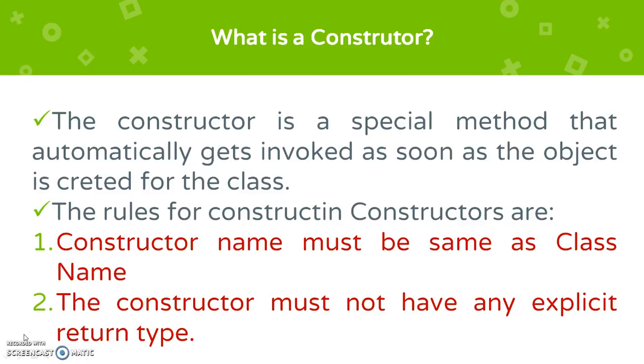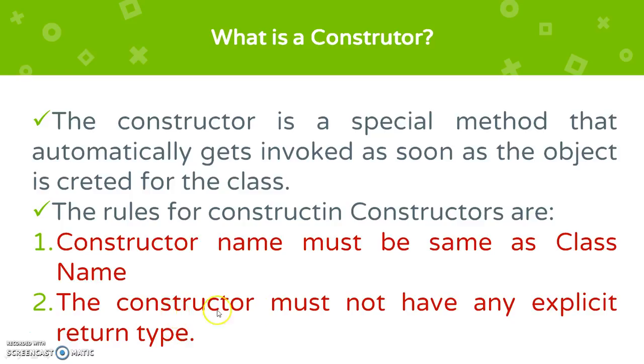So before we use these constructors, we need to first know a couple of rules. So the first rule is that constructor name must be same as a class name, which is mandatory. Even a small spelling makes a lot of difference.